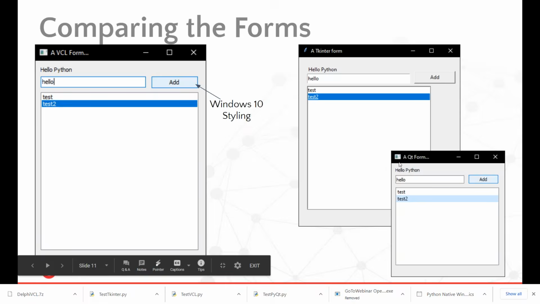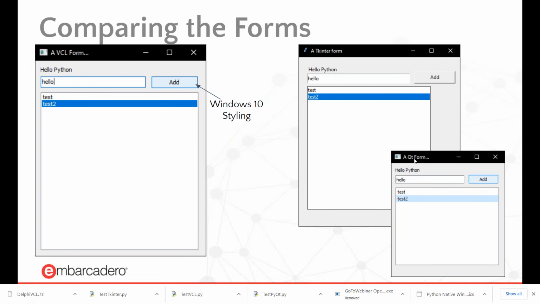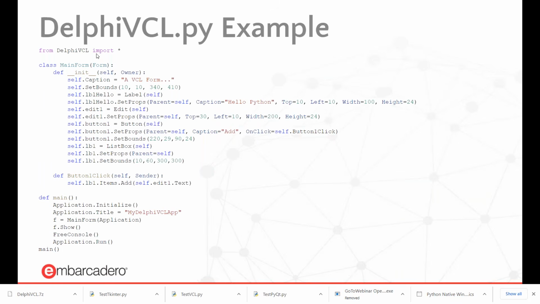So this is a Tkinter form, this is a Qt form, and this is a VCL form. This VCL form is the one we are going to look at deeper in this session. In Delphi VCL.py, what it has is a wrapper around Delphi VCL using the library called Python for Delphi, and we extend that module as a Python extension.